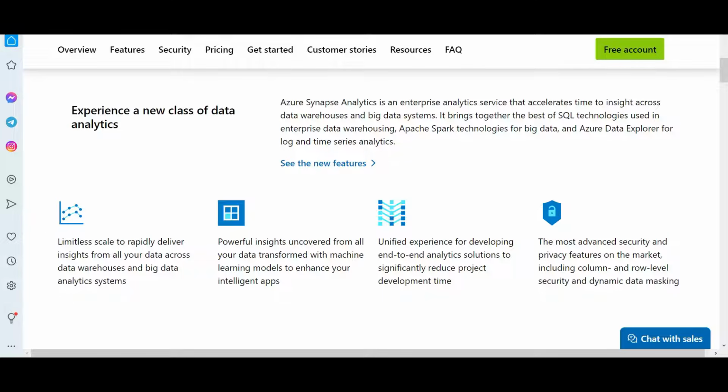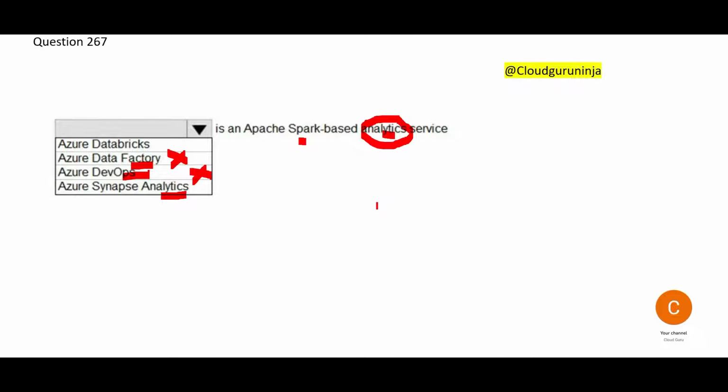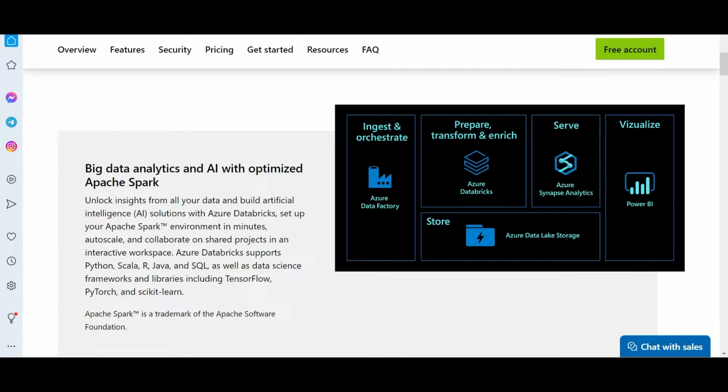You can also use Spark based technologies for big data, and you can use Data Explorer for time series analytics. So it tells you, boss, you can use it for all three purposes. But the Synapse software itself is not based on Spark. Simple. So hence this Databricks, this would be our answer.